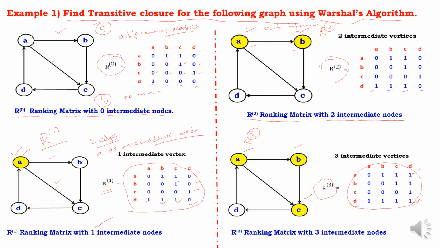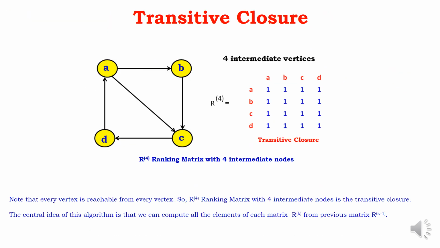Rank 3 means three vertices as intermediate vertices. Initially there are no intermediate vertices, R0. A as an intermediate vertex, R1. A, B as intermediate vertices, R2. A, B, C as intermediate vertices, R3. Now we are going to find R4, with A, B, C, D, all four as intermediate vertices.